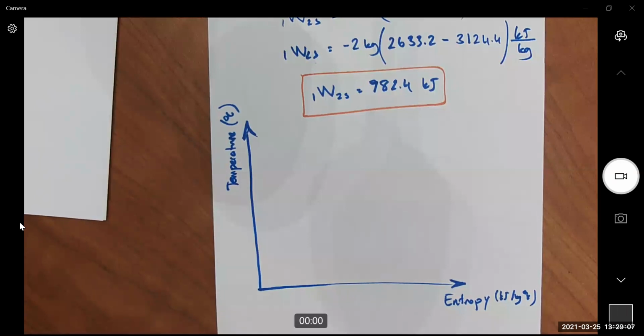What do I do first? What is my first thing to put on this diagram? The curve. If you don't have the curve, your points don't mean anything. I don't know if you're in compressed liquid or wet vapor.